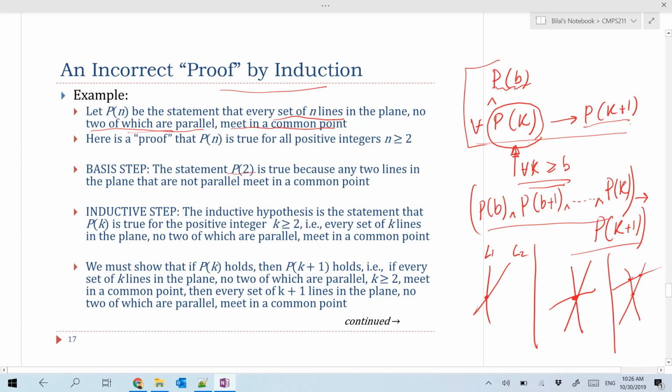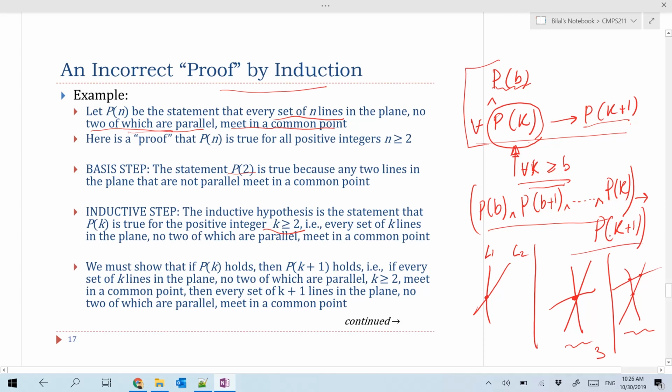So we know that this property is not always true. It's not true for the case of 3. Nevertheless, if we assume that it is true for every k that is greater than or equal to 2, weirdly, we can entail from it that P(k+1) is necessarily true. You see the problem here.